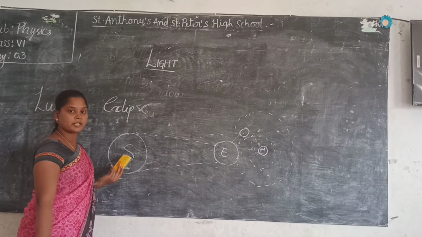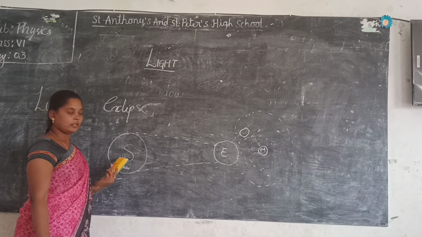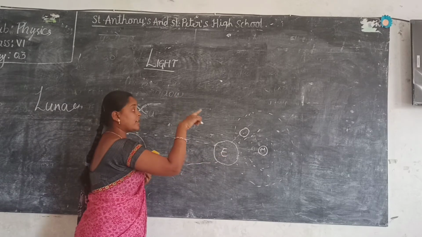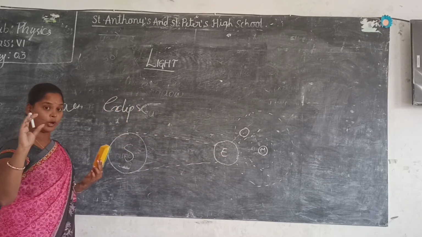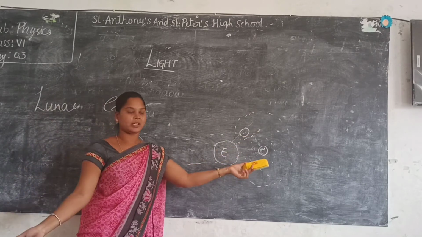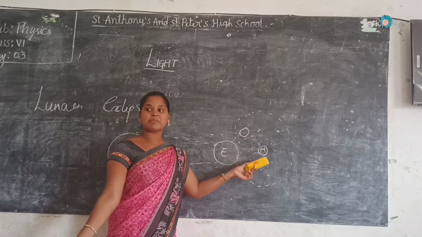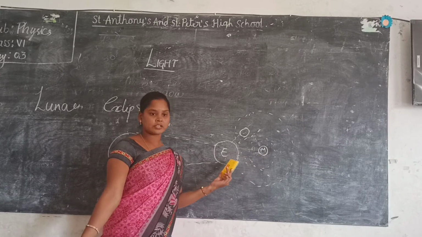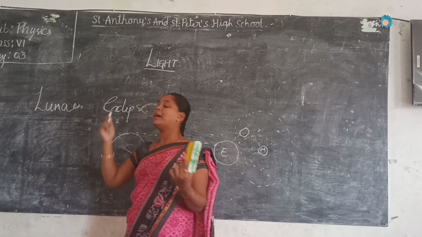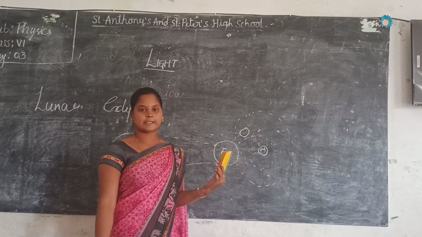Here, the light source is big, yes or not? Yes, ma'am. In the shadow, we could not see the moon. That is when we can say it is a complete lunar eclipse.